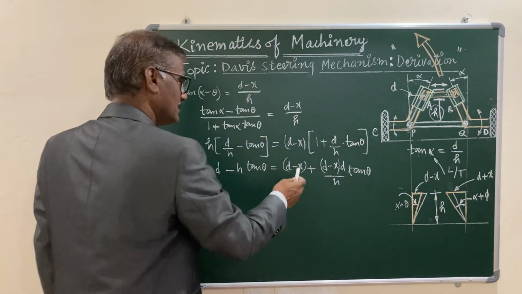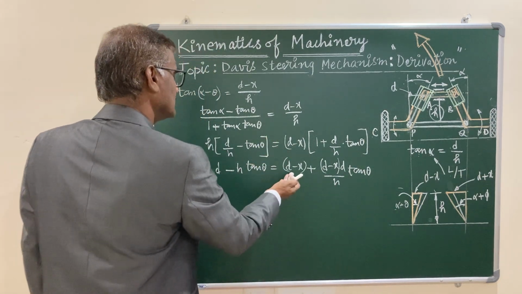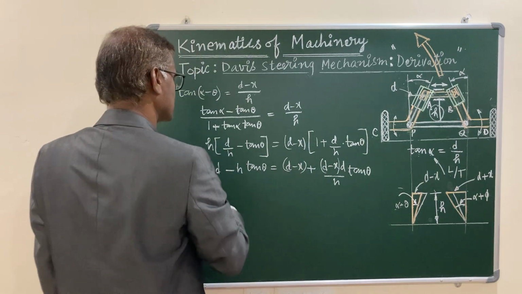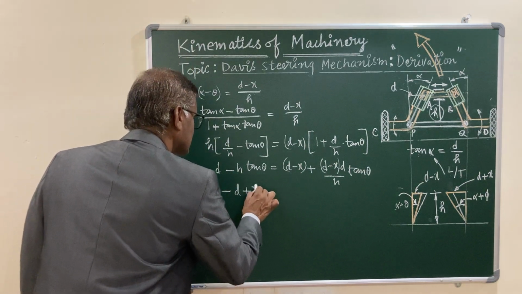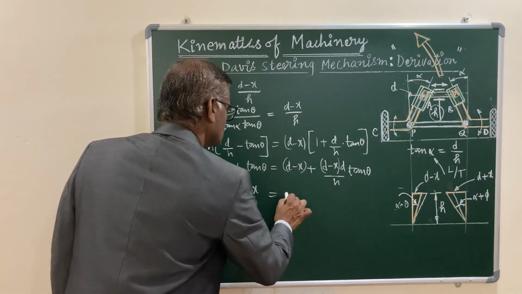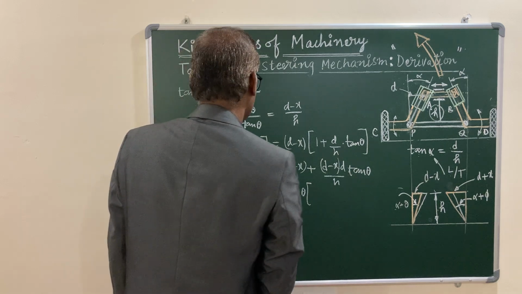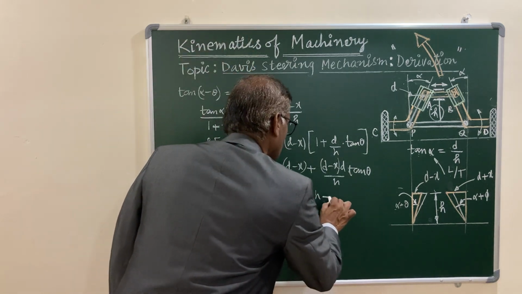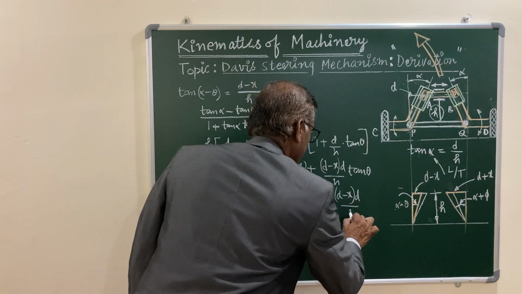Let us bring the tan theta term to the right hand side, and bring this d minus x to the left hand side. So what you have is d minus d plus x equals, taking tan theta common, tan theta times (h plus (d minus x) into d by h).